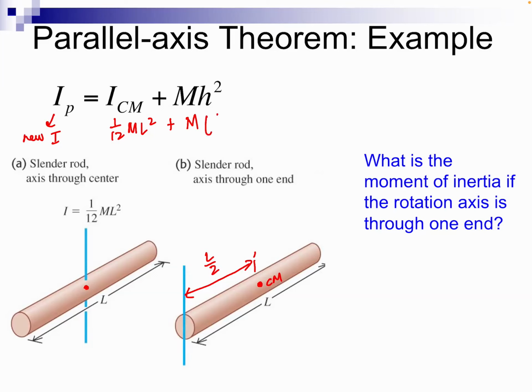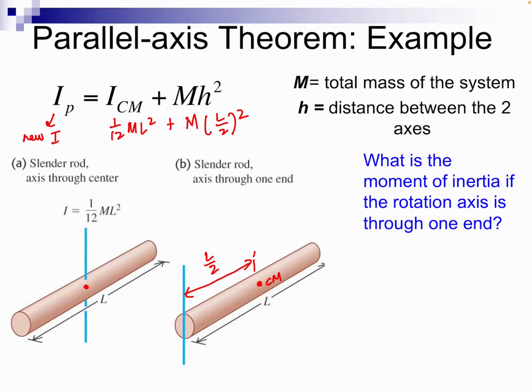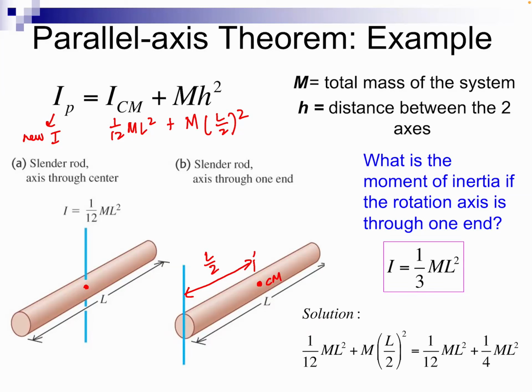So then that will be (L/2) squared. Right. So the new moment of inertia will therefore be one-third mL squared.